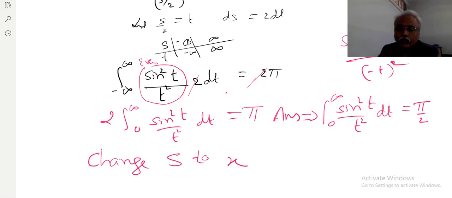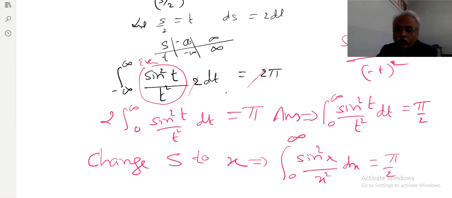So if we change s to x, the final answer becomes 0 to infinity sine square x by x square dx. If you recall, without squaring, sin x by x dx was also pi by 2. Sin square x by x square dx is also pi by 2. Amazing results. So here I have completed example number 4.